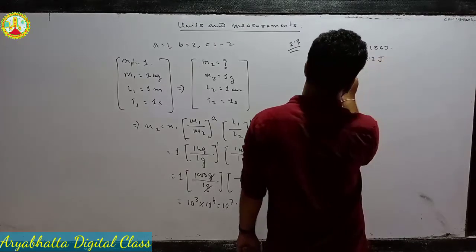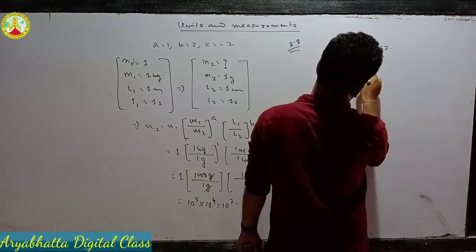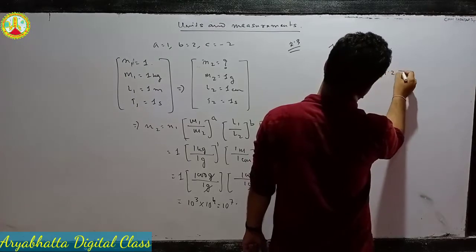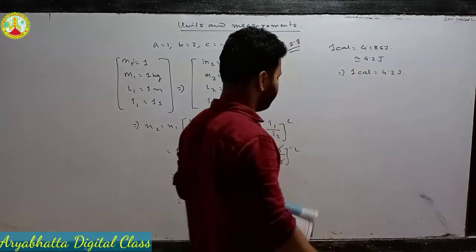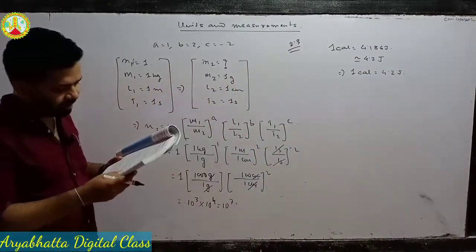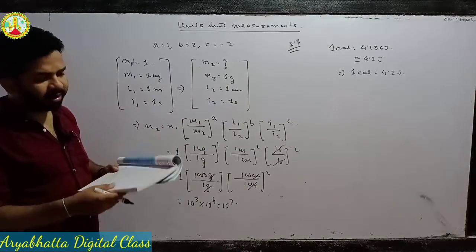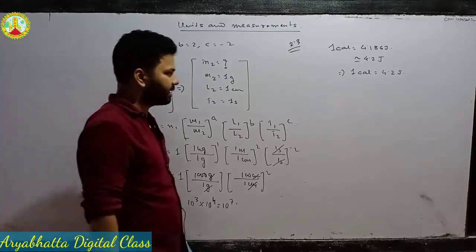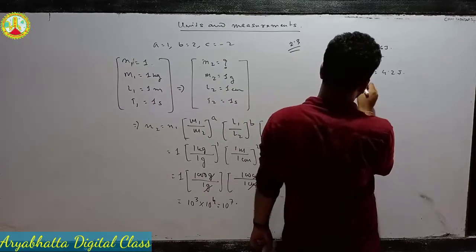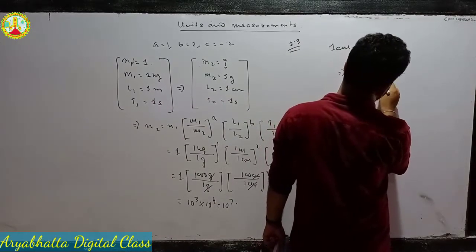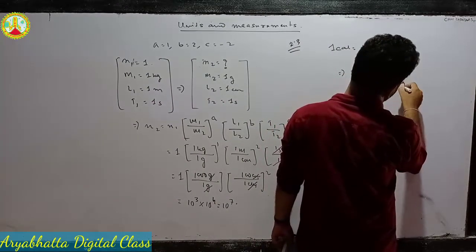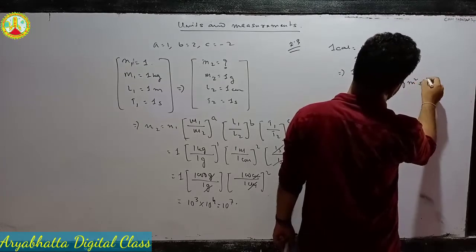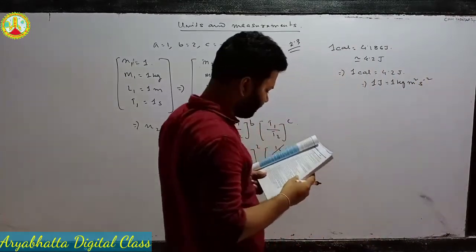So remember that for numerical purposes we will consider 1 calorie as 4.2 joule. This is given. Okay, 1 joule is equal to what? That is 1 kg meter square per second square. So 1 joule is equal to 1 kg meter square per second square. Done.